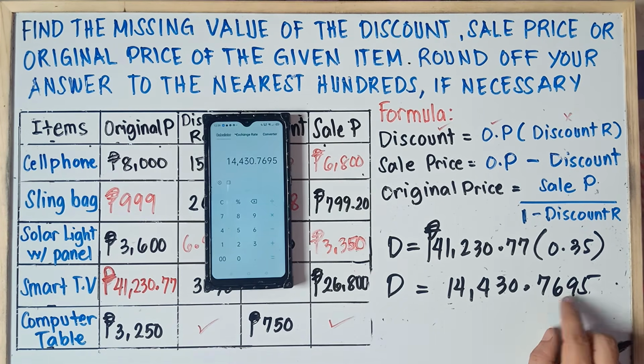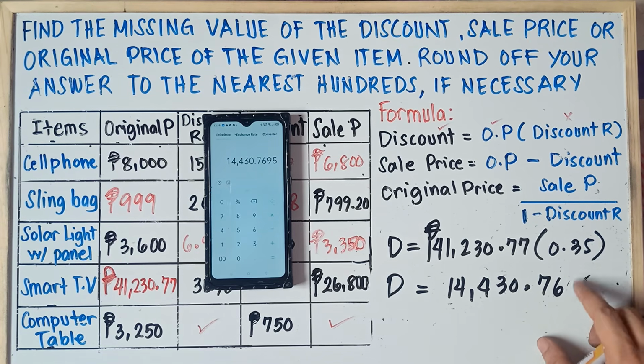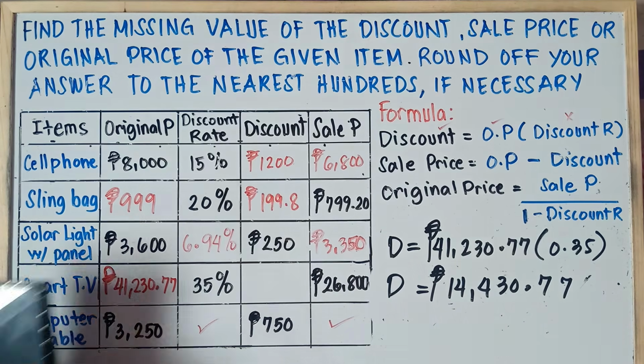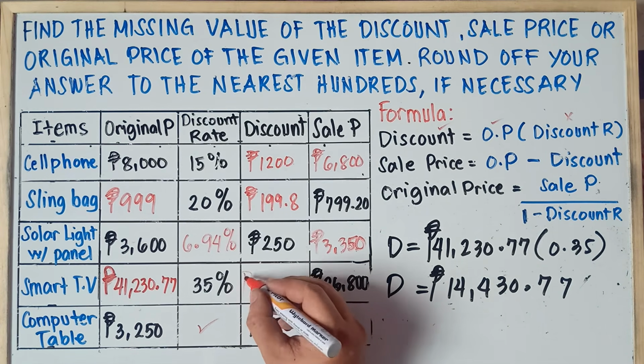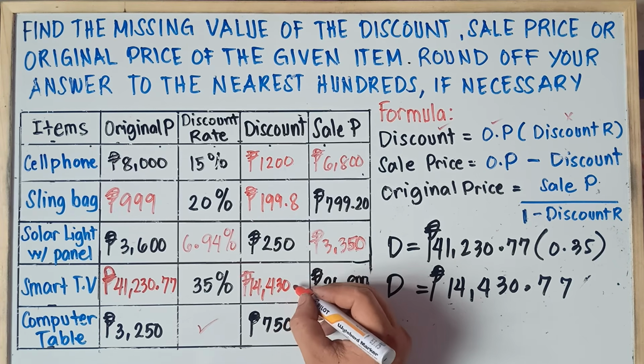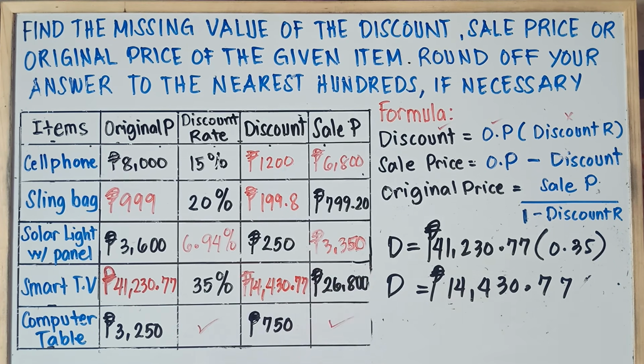Alright, so after 6, that's 9, it should be 7. Round up, class. So this will be 14,430.77 pesos. That's it, class. All set.